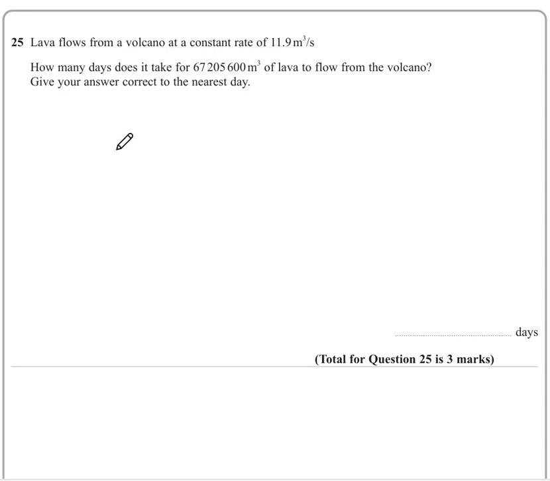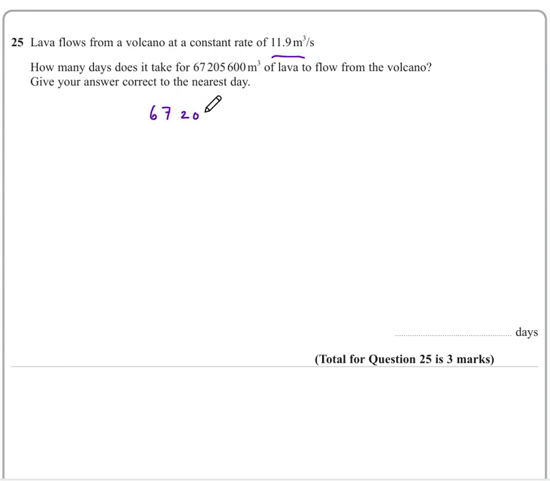Question 25. Lava flows from a volcano at a constant rate of 11.9 meters cubed per second. How many days does it take for 67,205,600 meters cubed of lava to flow from the volcano? We've got to give our answer to the nearest day. First of all, we've got the rate at which it's flowing, so let's work out how many seconds it's going to take.